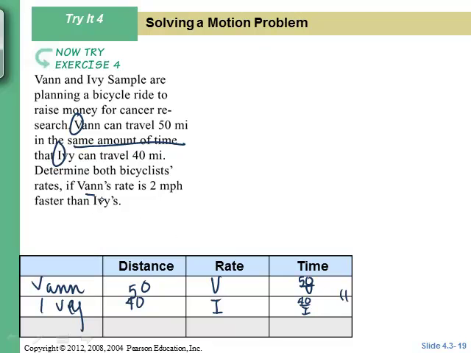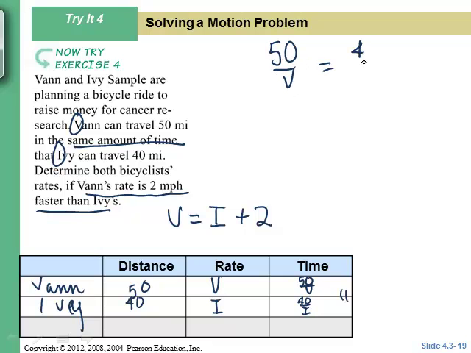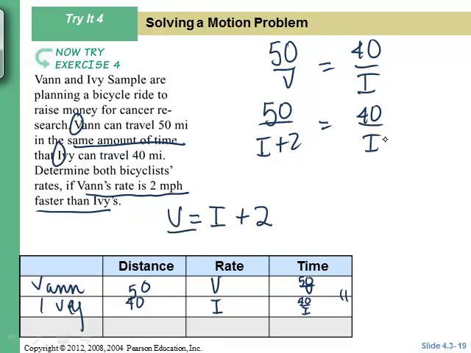And then it says van's rate is 2 faster than IV's. Van is IV plus 2. So 50 over V equals 40 over I. Let's substitute in for van. 50 over I plus 2 equals 40 over I.